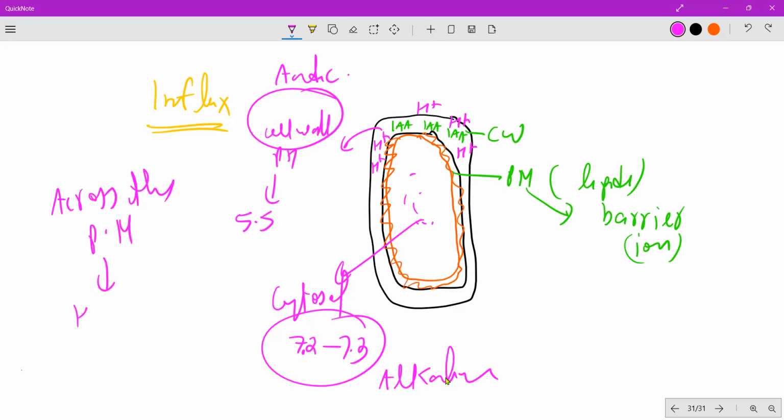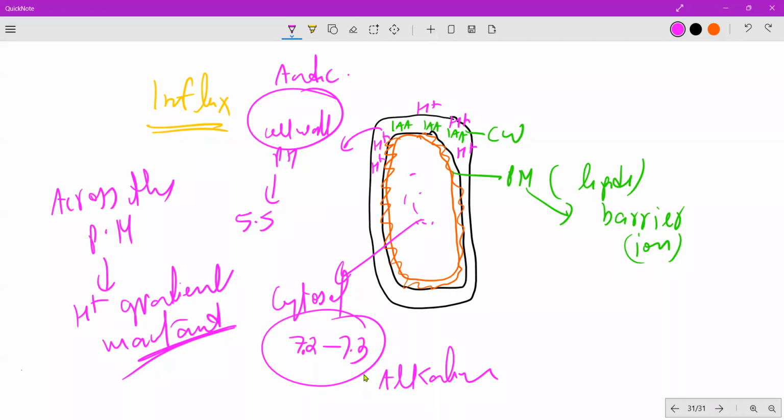Am I clear? किसी को कोई confusion? भाई हम ऑक्सीजन पढ़ रहे हैं, मत भूल जाना. कई बार बच्चे बीच में भूल भी जाते हैं. So that means across the plasma membrane, there's a proton gradient which is maintained. Outside, there are more protons. Inside, there are less protons.